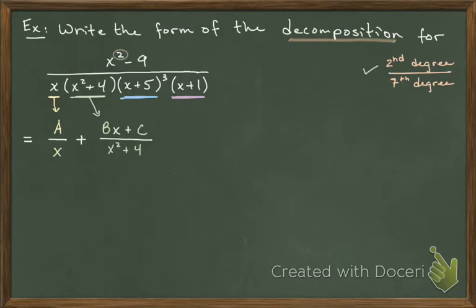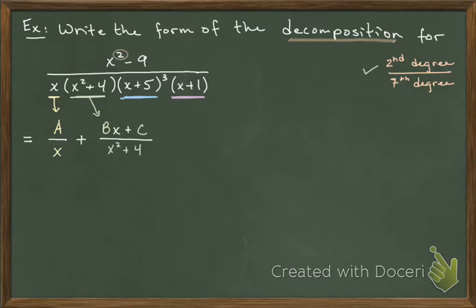The x plus 5 quantity cubed is interesting. It's linear. X plus 5 is linear anyway, but when I cube it, it becomes a cubic. What we call this is a repeated linear factor. So it's got a power of 3.